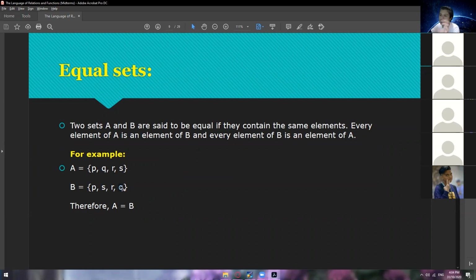So kahit magkakaiba sila ng arrangement, as long as this element is on the other set, then we could see that they are already equal. So R is already in here, S is also in here. So, kompleto sila. PQRS is in set A and then same time, PQRS is also in set B. So, therefore, we could say that A is equal to B. And at the same time, since parehas naman sila ng cardinality, okay, parehas sila ng count of elements, we could say that A is equivalent to B. And then A is also equal to B.